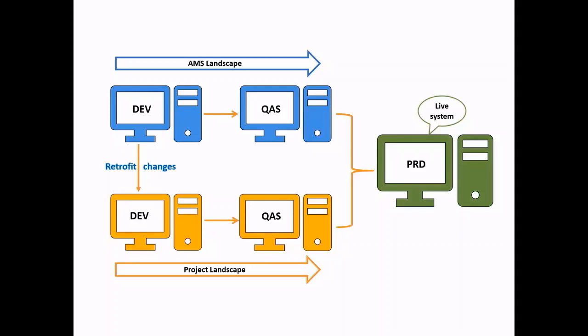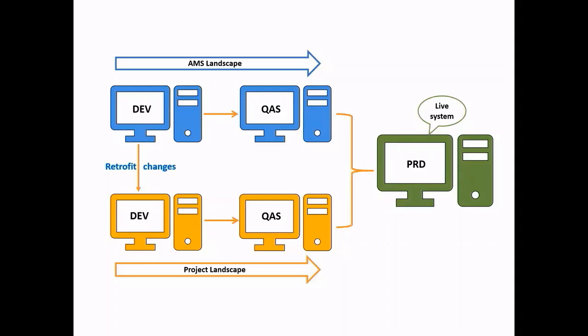After some time, when the new changes go live, the project landscape will become the AMS landscape. The existing AMS landscape will be sunset, or they will use those boxes for upcoming projects. The reason is that whatever functionality they have introduced exists in the project landscape only, because they can't make the changes in both AMS and the project; that doesn't make any sense.